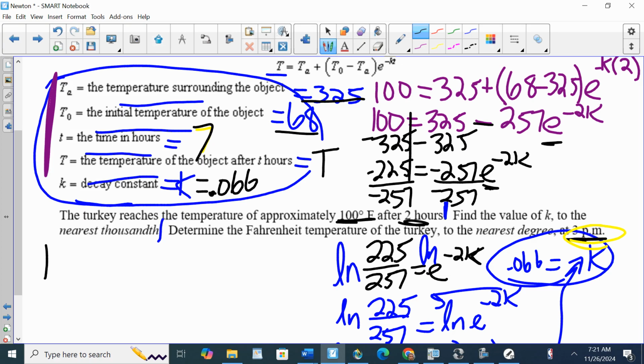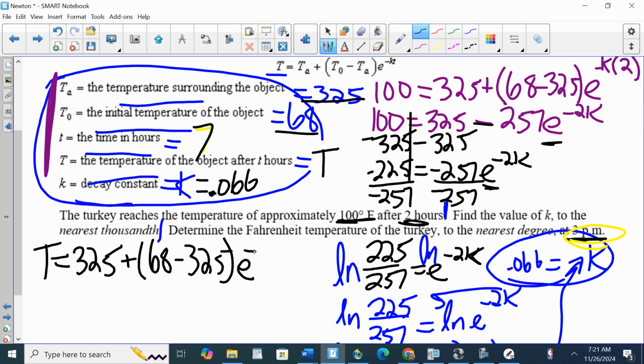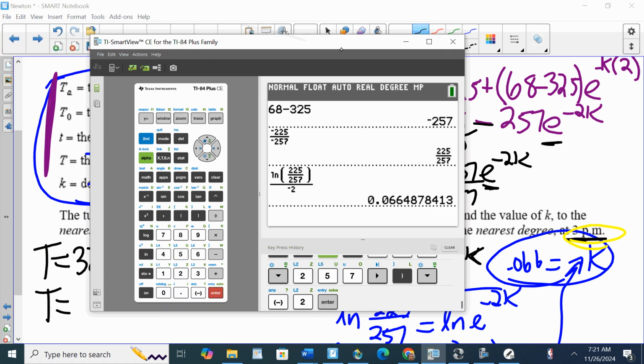So T is T. TA is 325 plus T0 is 68 minus 325. E to the negative. k is 0.066. I found that in the first part of the problem. And t is 7. I'm not solving for anything in the exponent. I'm solving for T, which is by itself already.